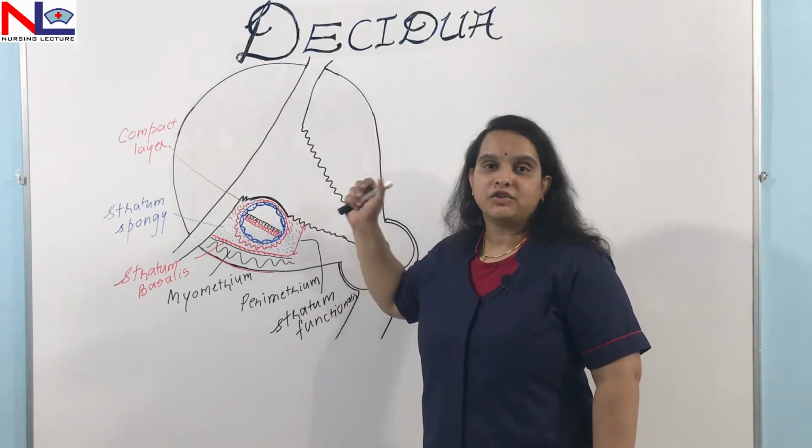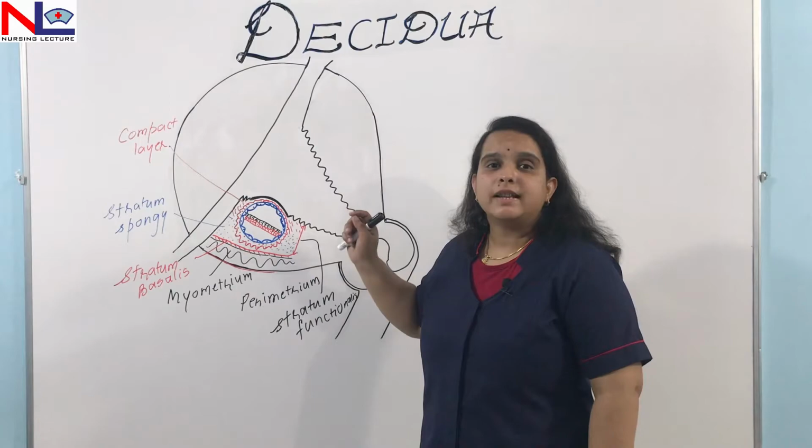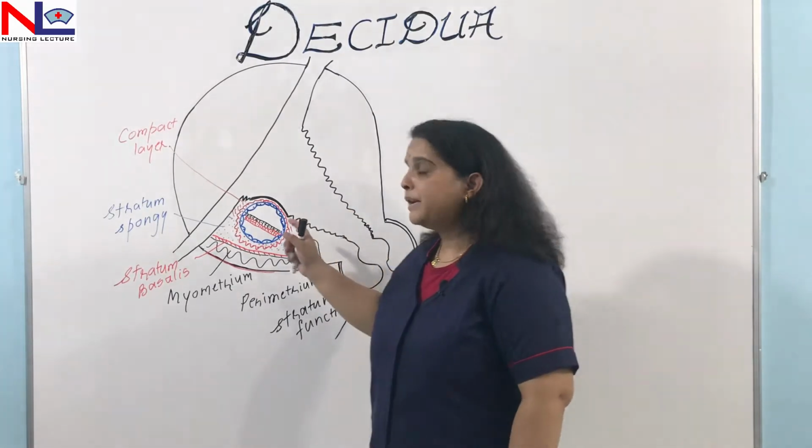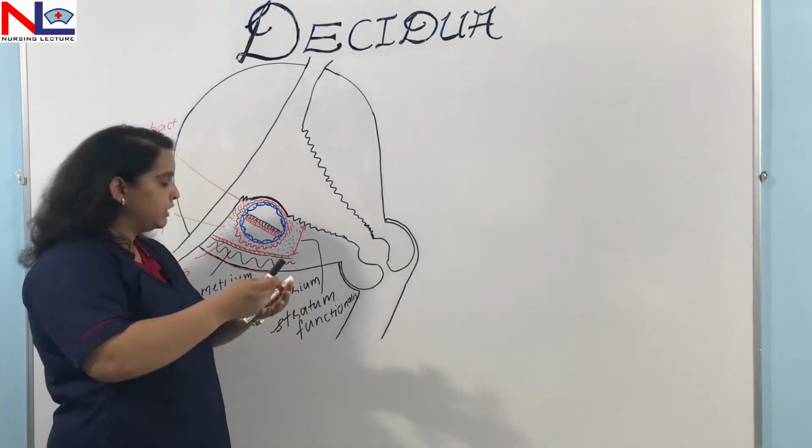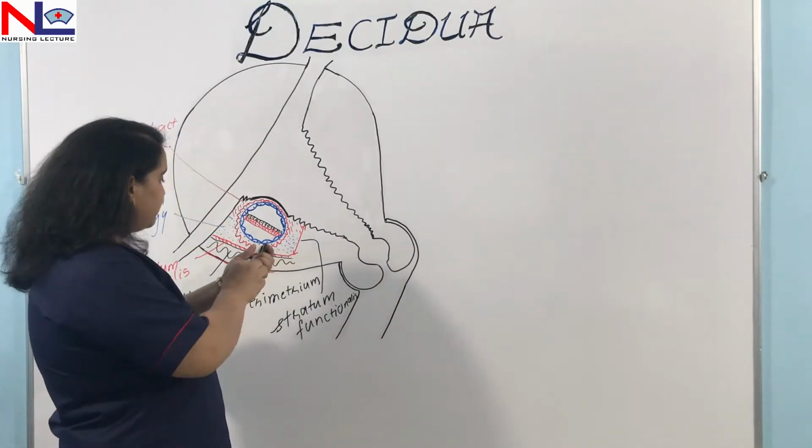to keep the blastocyst nourished. Now this decidua has many names depending on its contact with the blastocyst. So here we'll see what the names are.